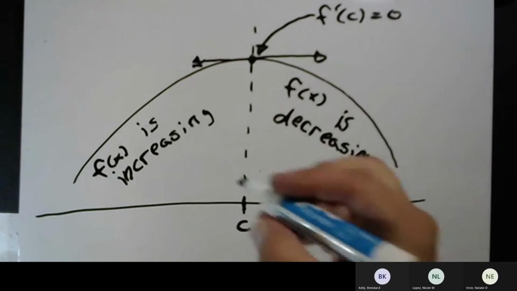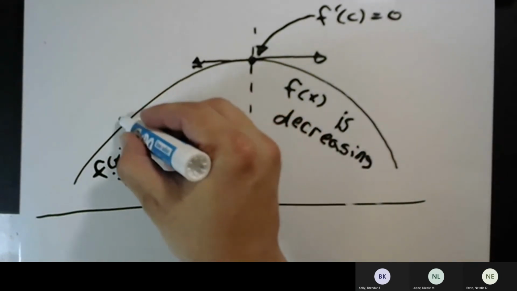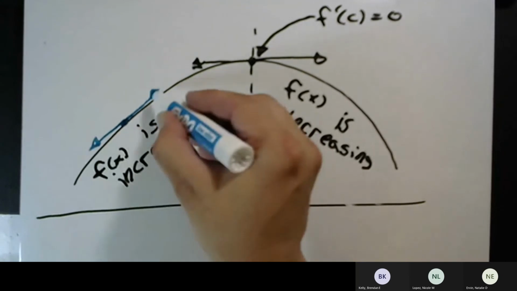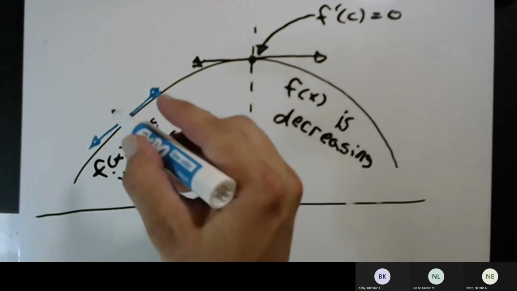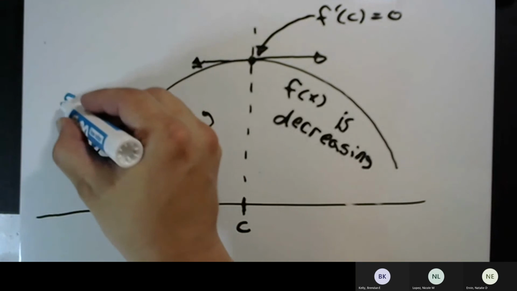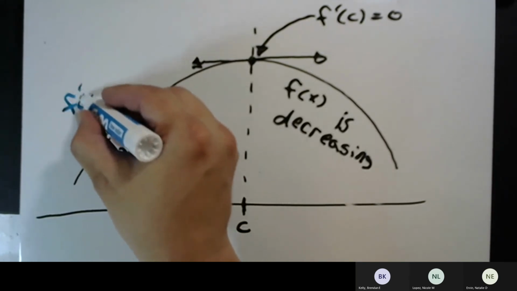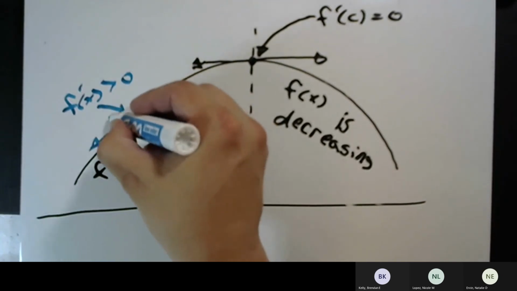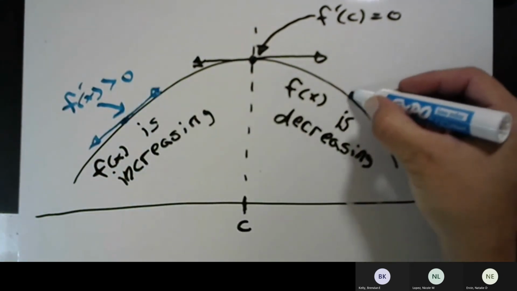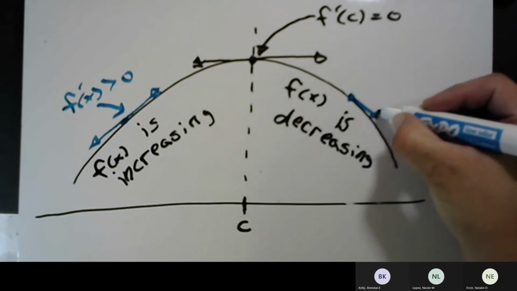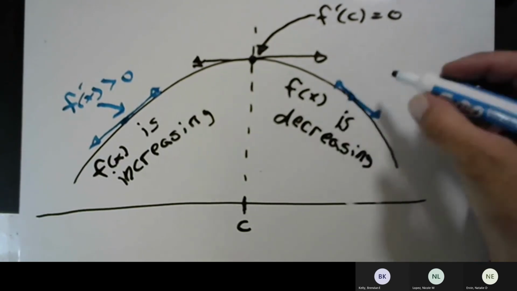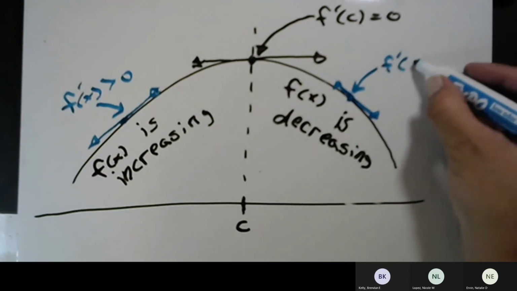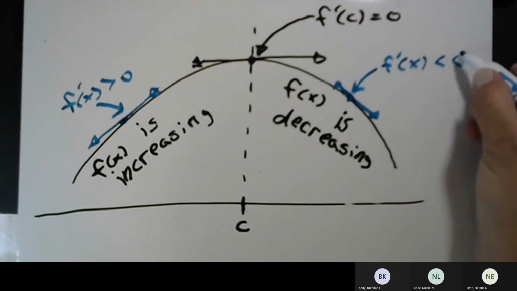And if we look at those tangent lines, we have a positive slope, so f prime of x is greater than 0. And then here, where it's decreasing, f prime of x is less than 0.